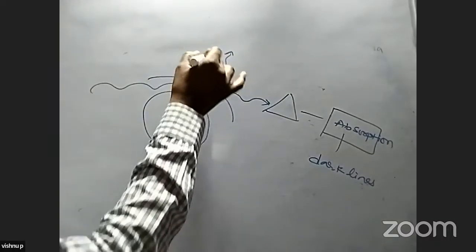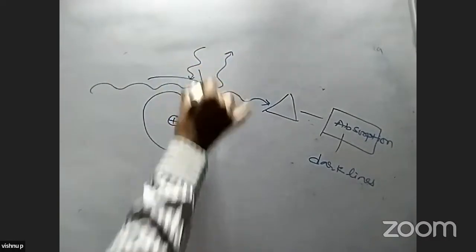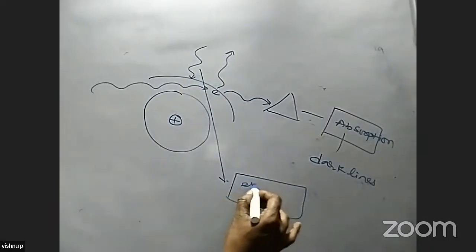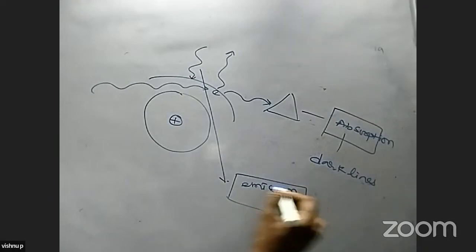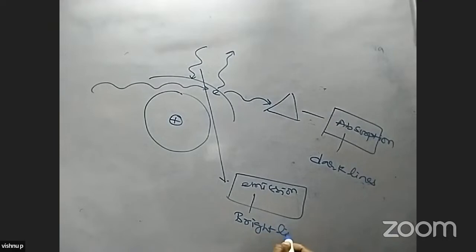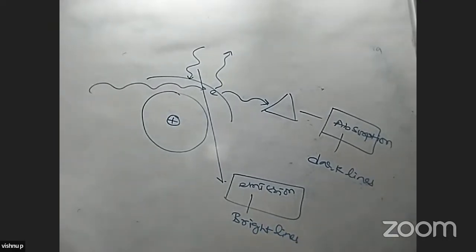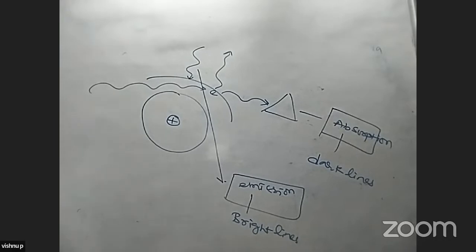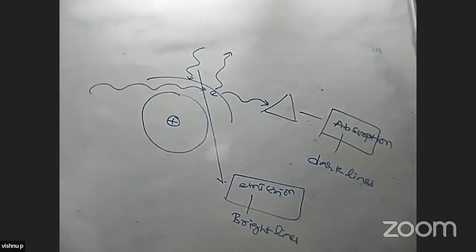And the excited electron is again de-excited. Because of de-excitation of electrons, we get one more spectrum, called the emission spectrum. The emission spectrum contains bright lines on the dark background of the photographic plate. Why do we get bright lines? Because after de-excitation of the electron, energy is evolved that is recorded on the photographic plate.